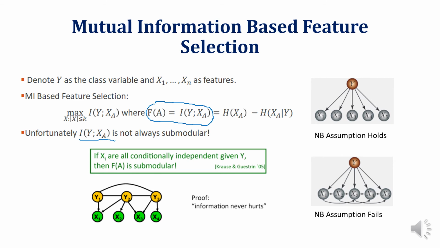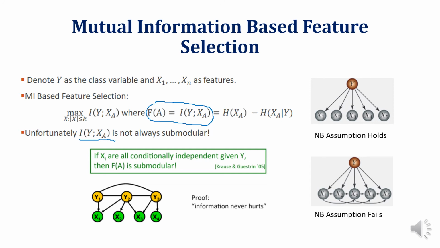So one of the first approaches in this space of generate and test was based on mutual information. Mutual information is often used for feature selection itself. Now the mutual information I is unfortunately not always submodular.